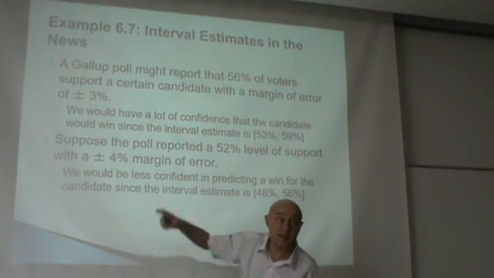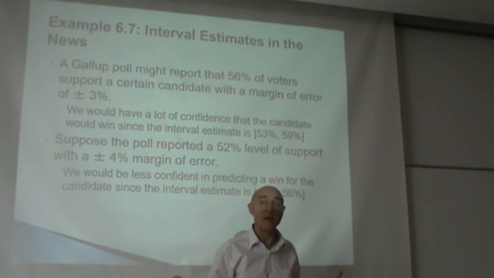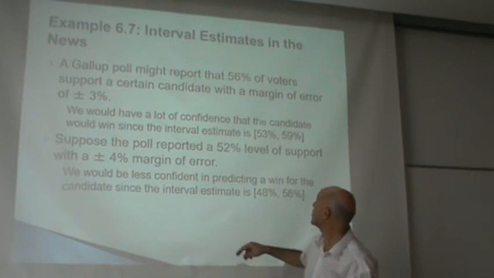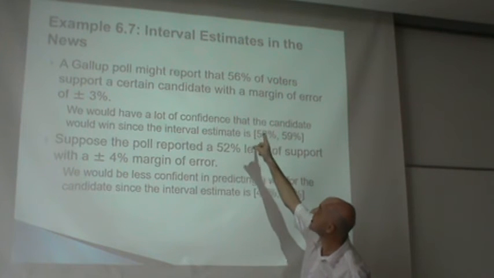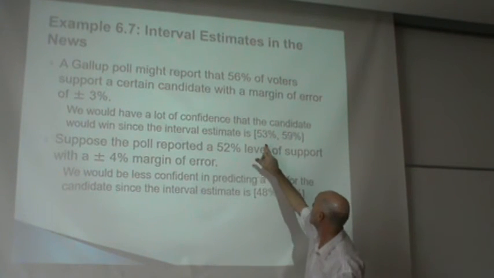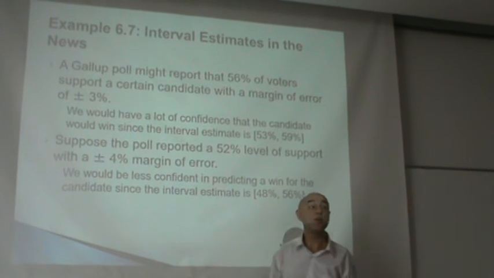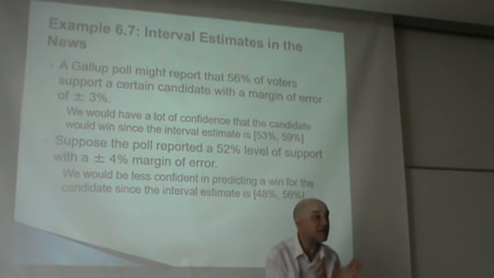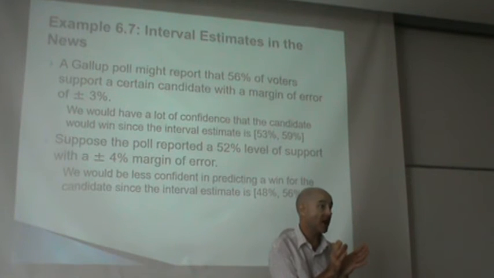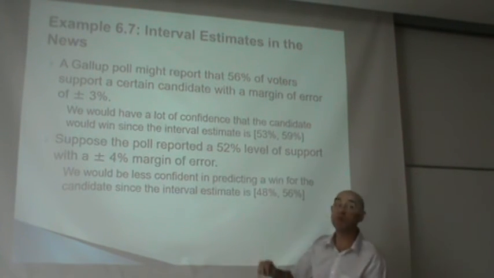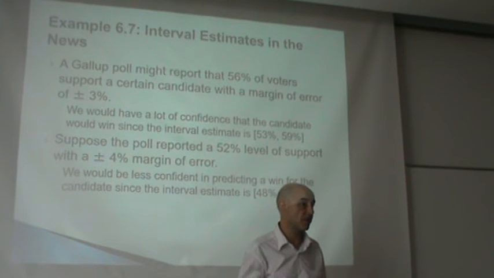And the confidence is 3%. This means that the range is from 56 minus 3 to 56 plus 3. That's 53 to 59. Well, that's fairly decent, okay? And there's a good chance that indeed they prefer one over the other.